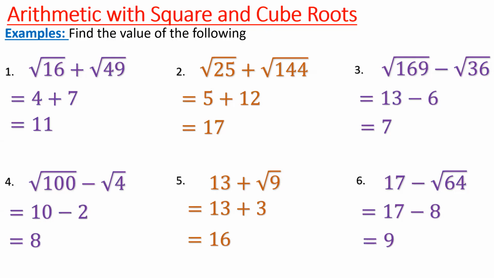Okay, so basically, for number 4, you're trying to find the square root of 100 minus the square root of 4. The square root of 100 would be 10, and the square root of 4 would be 2, so you're subtracting 2 from 10, and the answer will be 8. Very good.